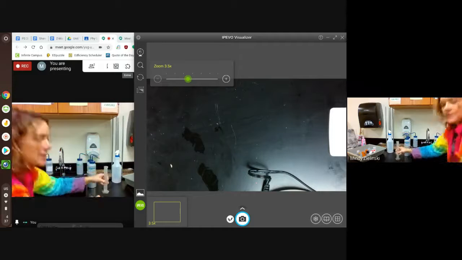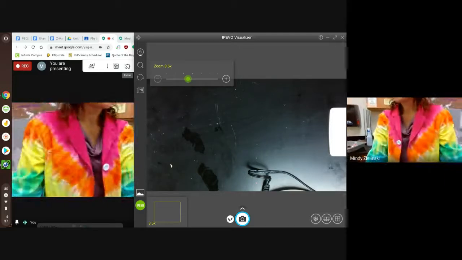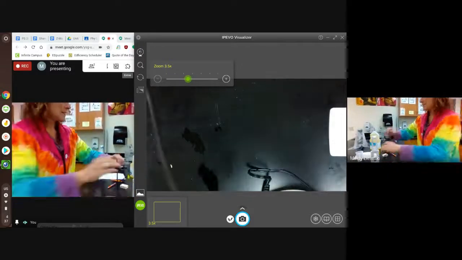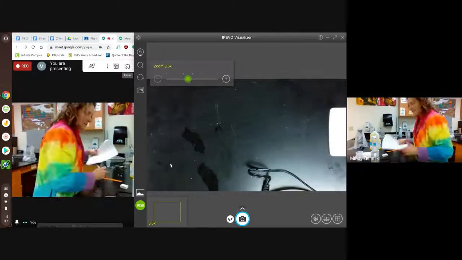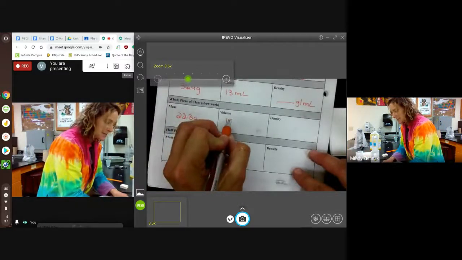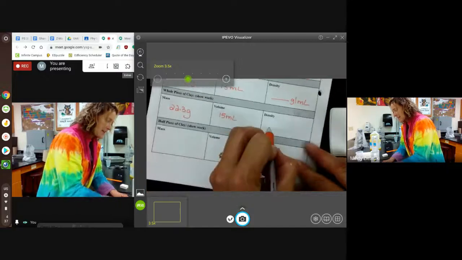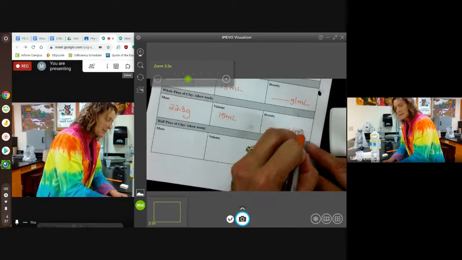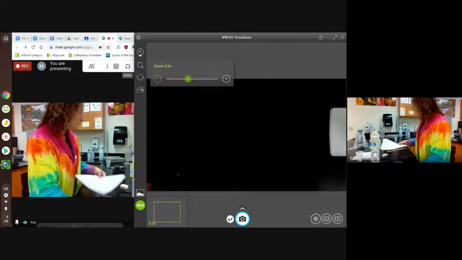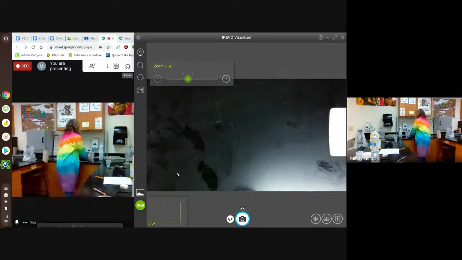So let's write 15 mils for this piece. And then that again is a gram per milliliter reading. And now we're going to take that piece of clay and we're just going to break it in half. So let me go ahead and get this set up for the next round while we get a new mass.